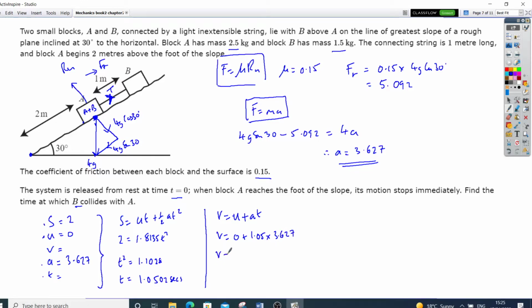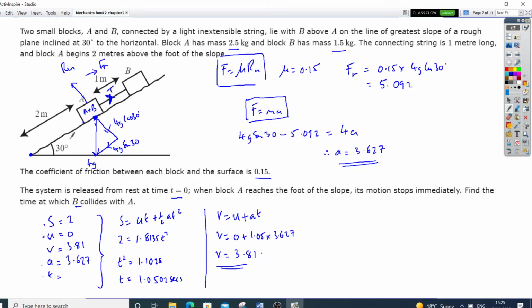So multiplying that by acceleration, my final velocity is going to be 3.81 meters per second. Okay, so I'm just going to put that there, 3.81.